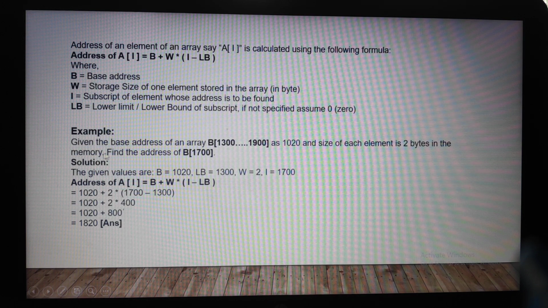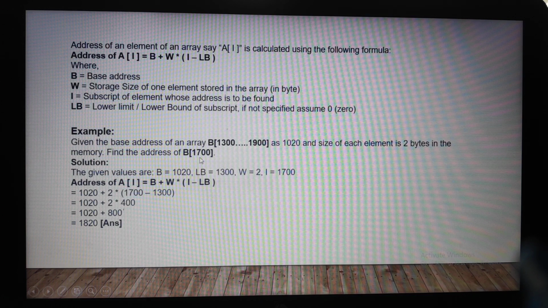Now in this question, the base address of an array is given as b 1300 to 1900, where 1300 is the lower bound and 1900 is the upper bound, 1020 is the base address, and the size of each element is 2 bytes in memory.